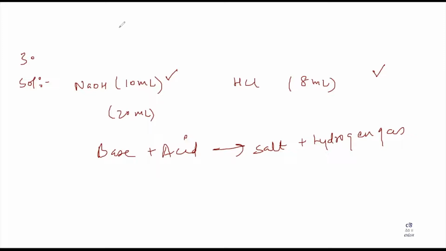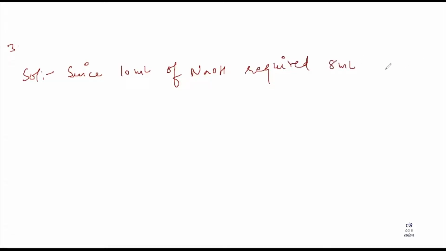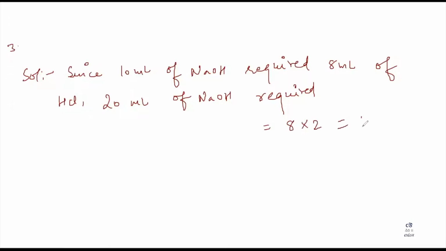So we'll answer this question by saying that since 10 ml of NaOH required 8 ml of HCl, 20 ml of NaOH will require, simply multiply 8 into 2, which gives a value of 16 ml of HCl.